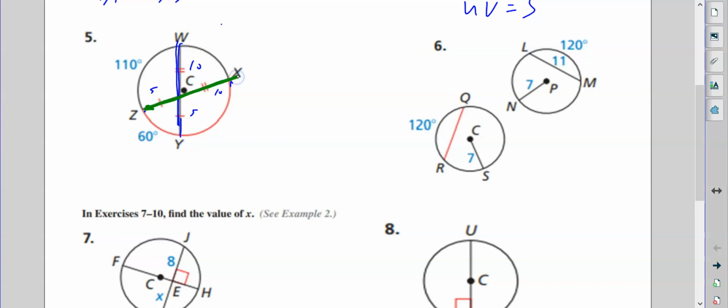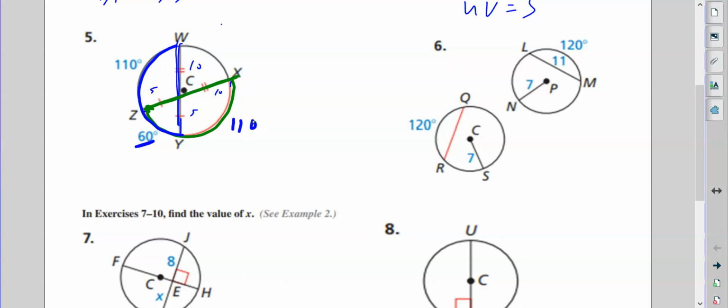What that means is if those chords are the same, this arc right here is going to be equivalent to this arc. They have an overlapping section right here, which is 60, which means the other section has to be 110.